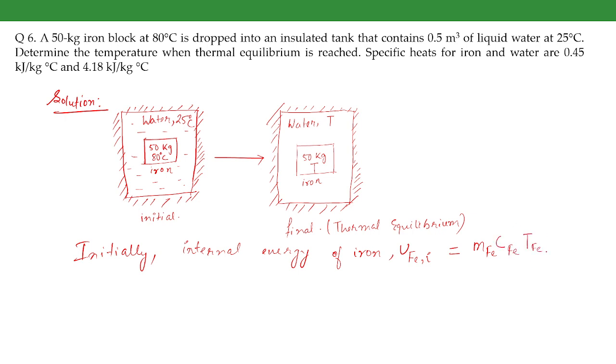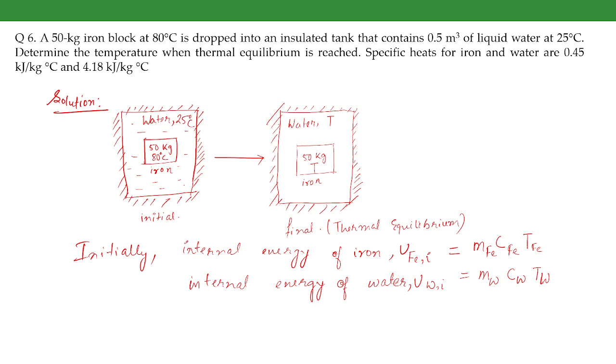This is the initial temperature of the iron, that is 80 degrees Celsius. And the internal energy of water, let us denote it as U_W initial, with the subscripts W and I. So this will be the mass of the water, the specific heat of water, and the temperature of the water initially.